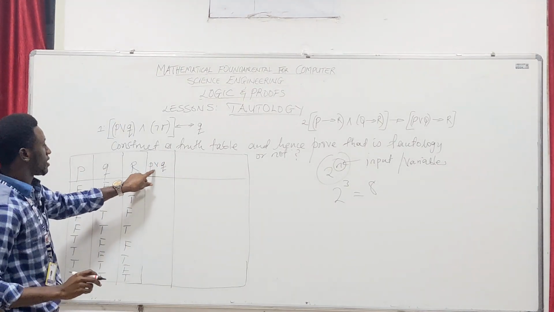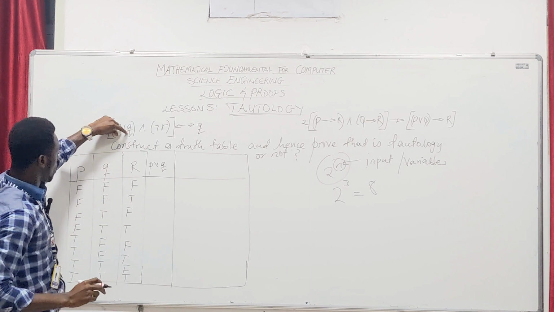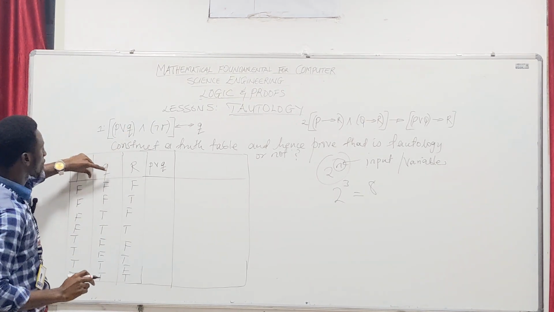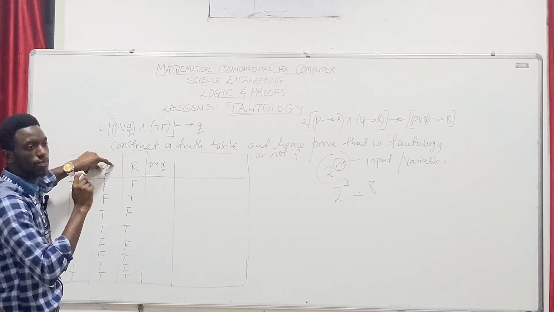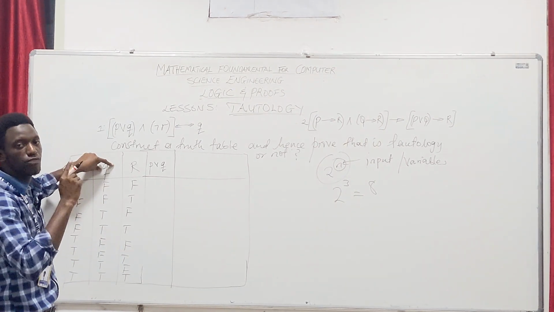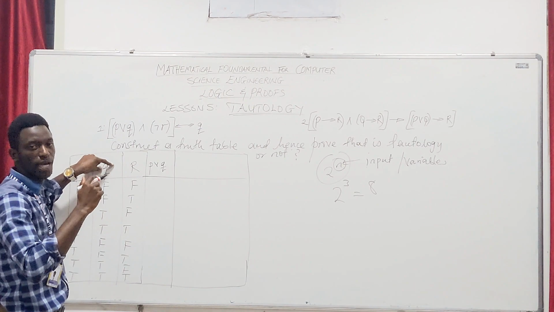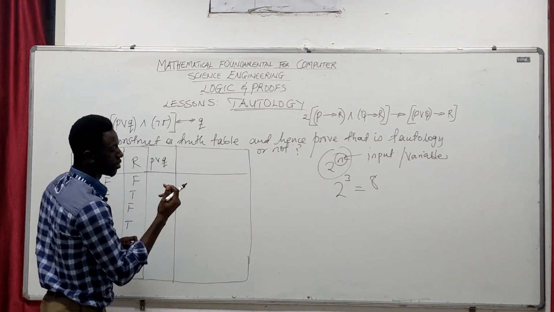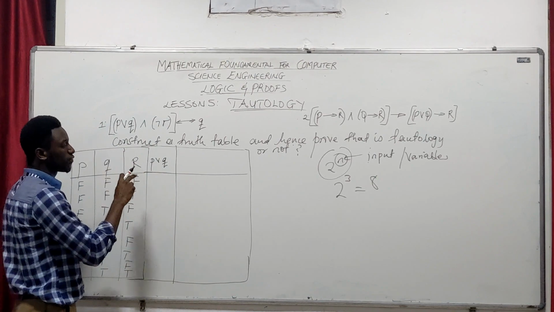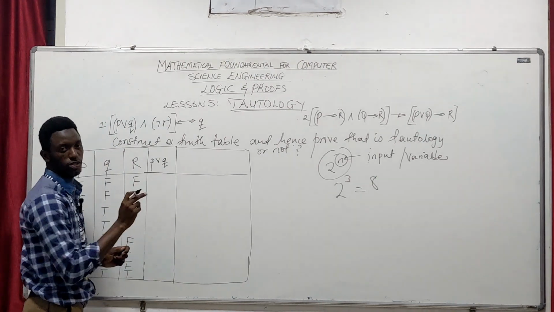For OR statements, it says what? This one is true if any of the statements is true. If both statements are true, then it's true. It can only be false if both statements are false. Okay?